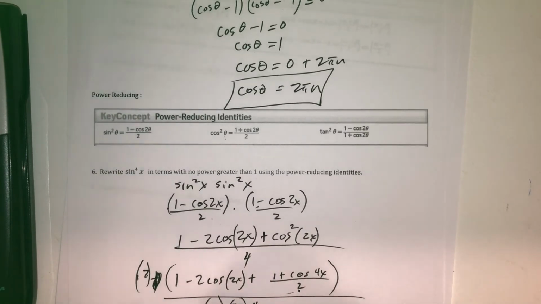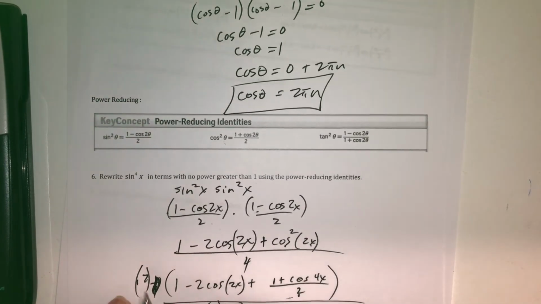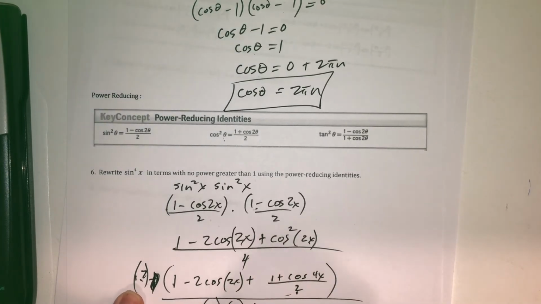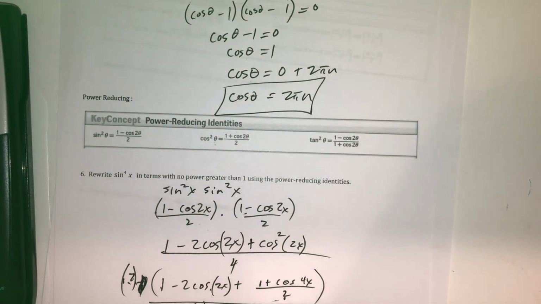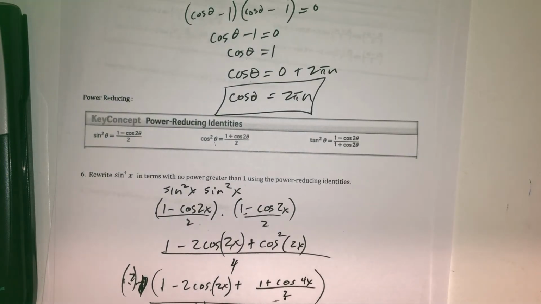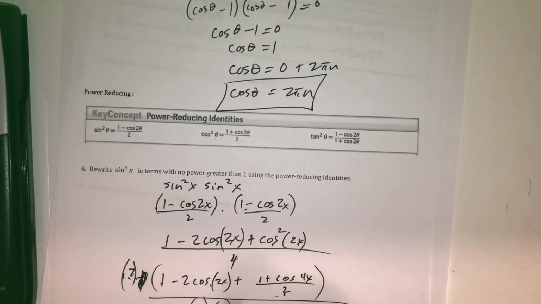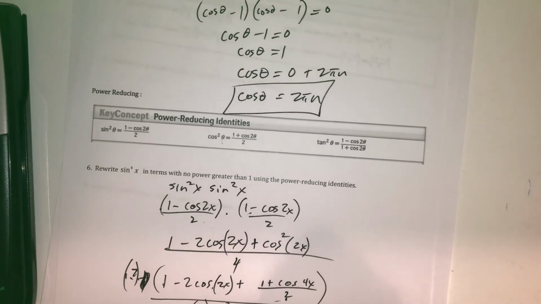All right, and down below we'll get 8. All right, and 2 times 1 is 2, and 2 times this right here, multiply by 2, that 2 and this 2 are going to cancel. That would give us, if we did that times 2, -4 times the cosine of 2x, okay.